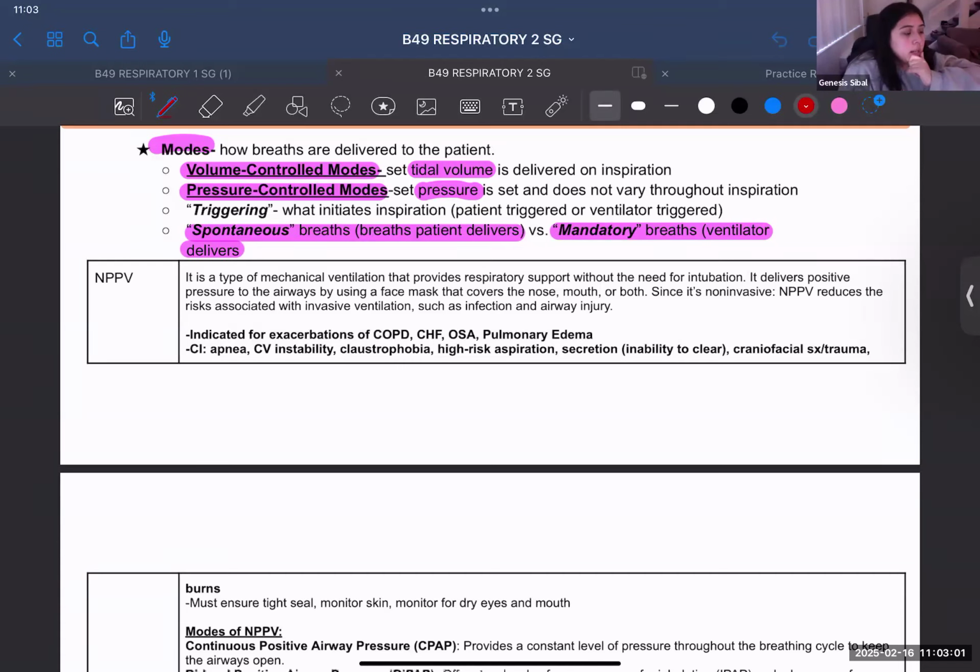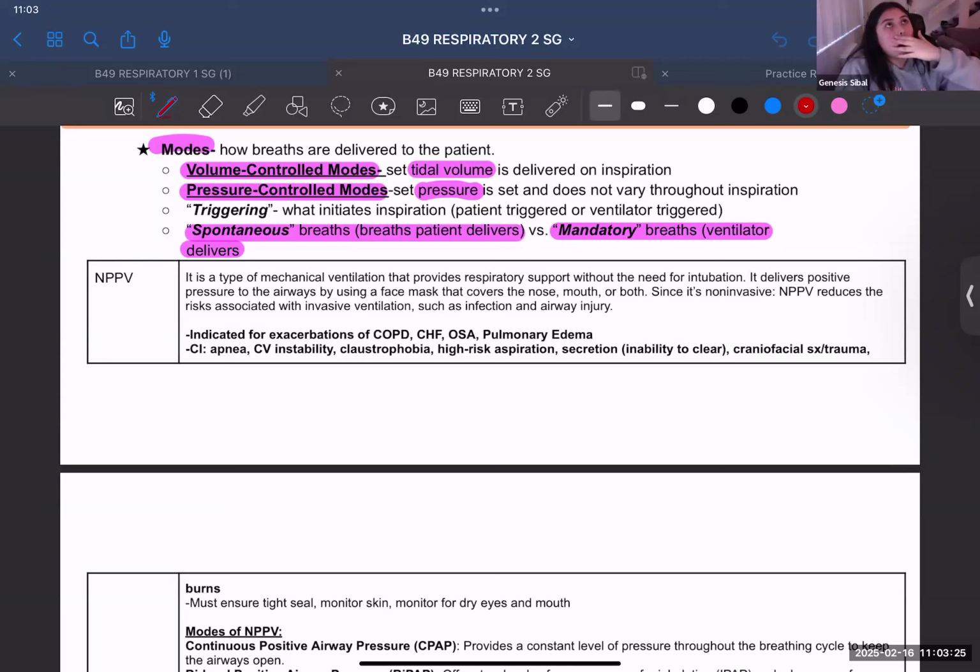For spontaneous breaths, the breath is actually coming from the patient. The patient is literally breathing on their own. Whereas triggering is the vent triggering the patient to breathe, but that's not caused by the patient. That's caused by the vent. So if I were to take them off the vent, they would not be breathing on their own. It does not mean that they're ready. It just means the vent is triggering them to breathe.